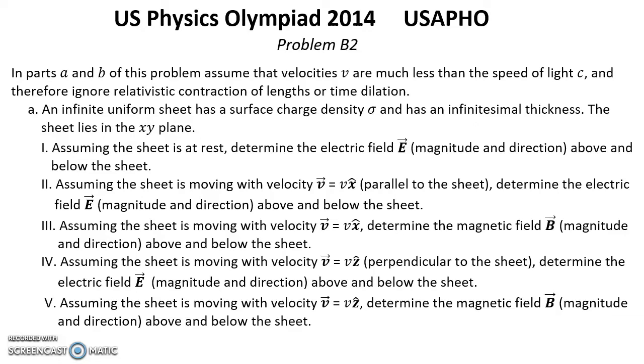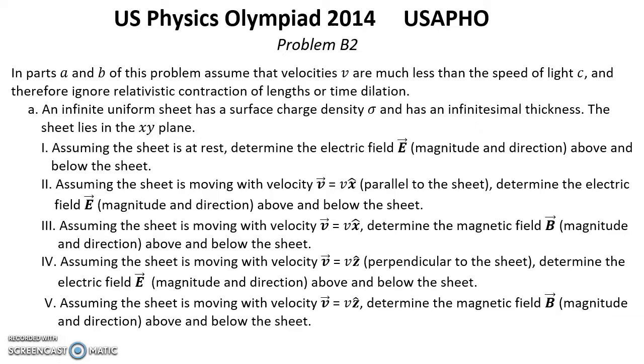Part A. An infinite uniform sheet has a surface charge density sigma and has infinitesimal thickness. The sheet lies in the xy plane. Question 1.